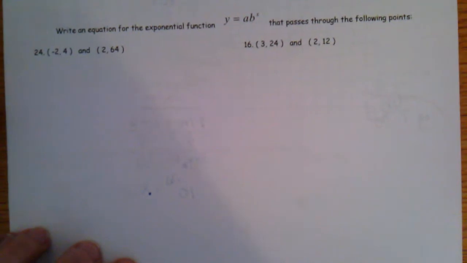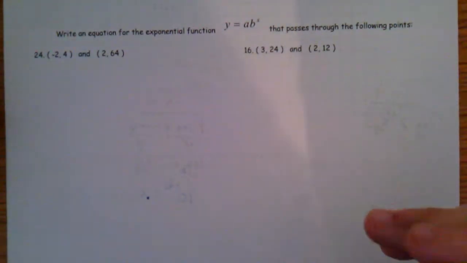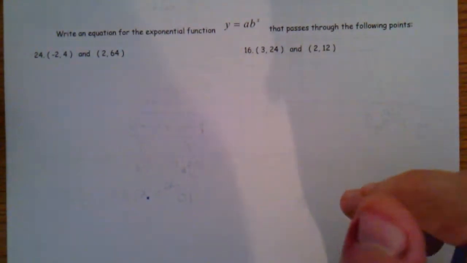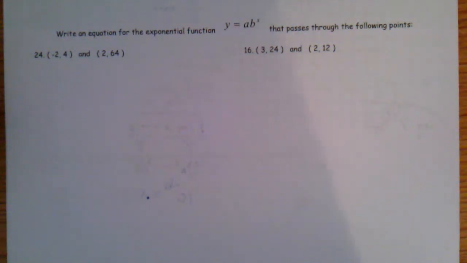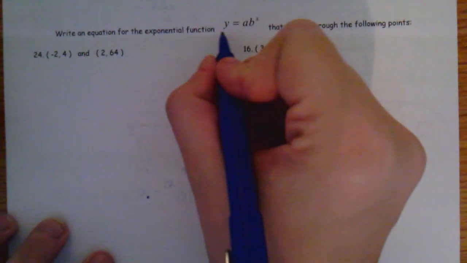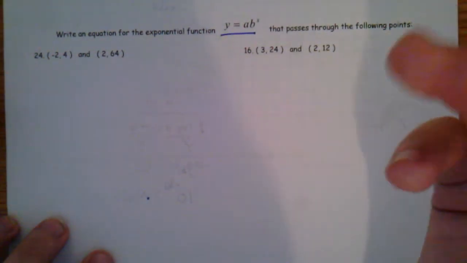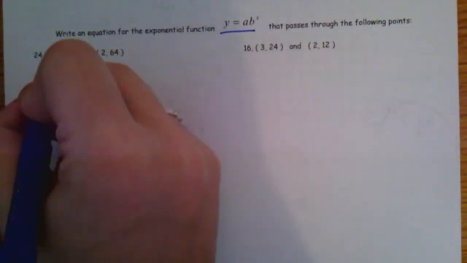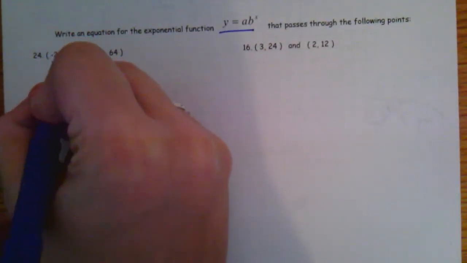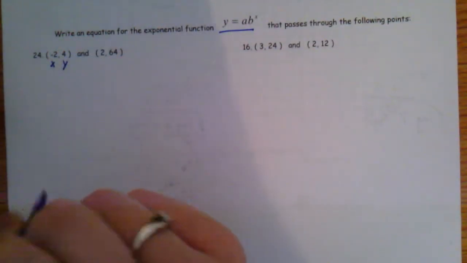So the last two types of problems, a lot of people know how to do the math here. It's just kind of looking at the problem and blanking. So I do give you this formula up here. This is the standard exponential growth formula. So if I say, okay, here's my x and my y value, a lot of people forget that, surprisingly.